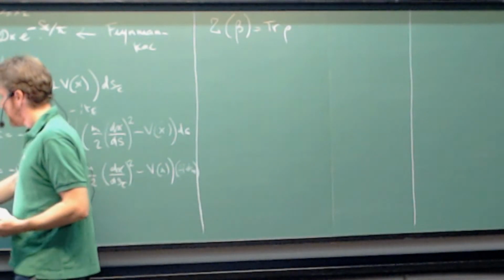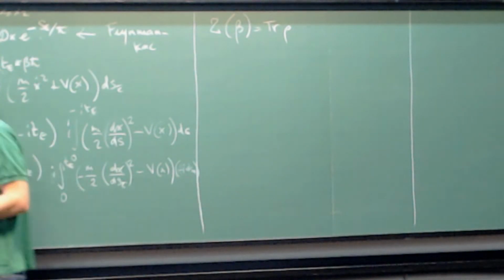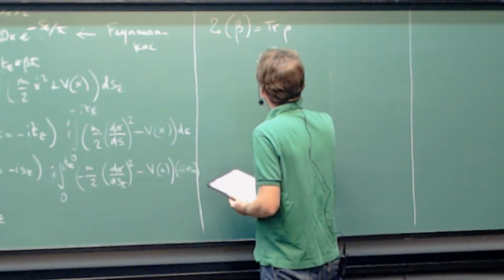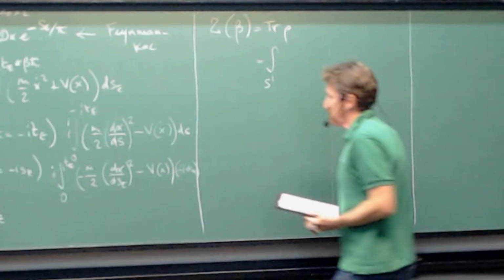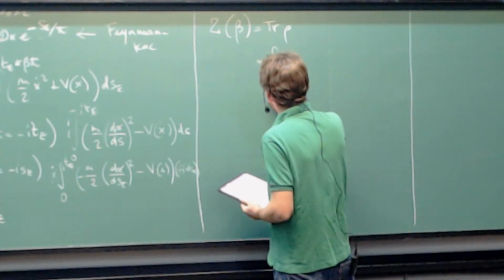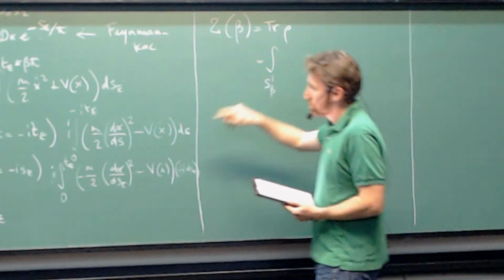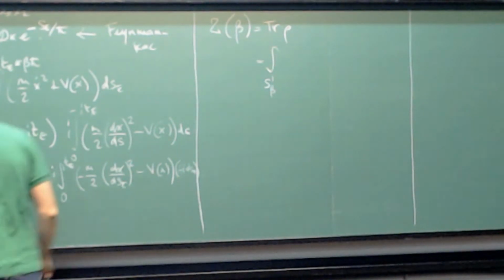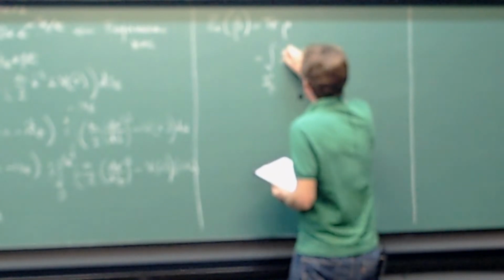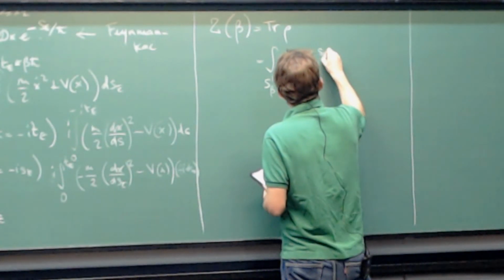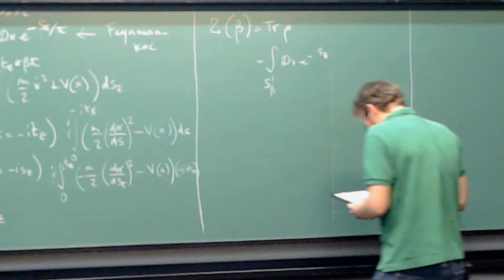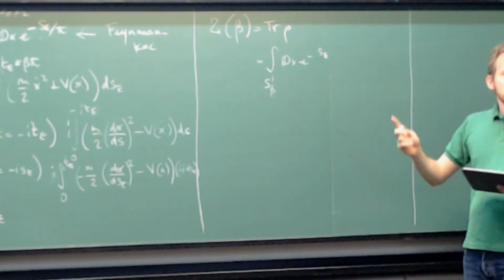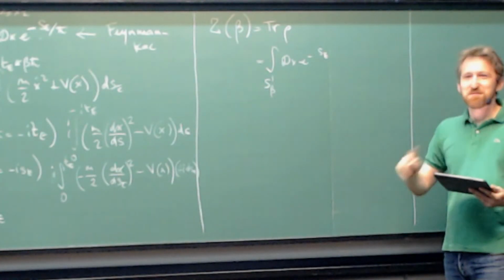It means that I have to identify x1 and x2. So really this is the integral over all circles of length beta, because beta is, by definition, the length of the circle, of dx e to the minus S_E.